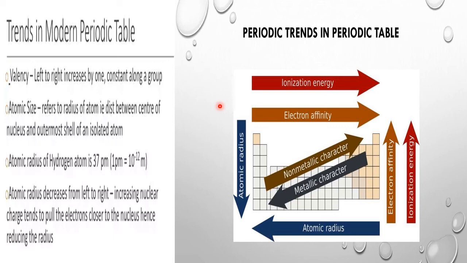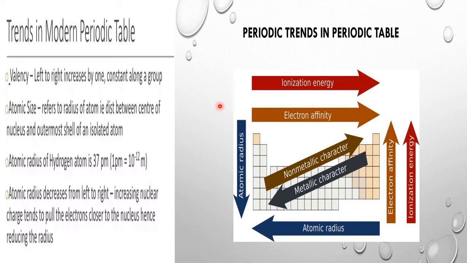For the same valency, if you go from top to bottom in a group, what happens? Lithium, sodium, potassium: lithium valency 1, sodium valency 1. Lithium is 2,1, sodium 2,8,1, potassium 2,8,8,1. The last shell contains only one electron, and only one is lost.